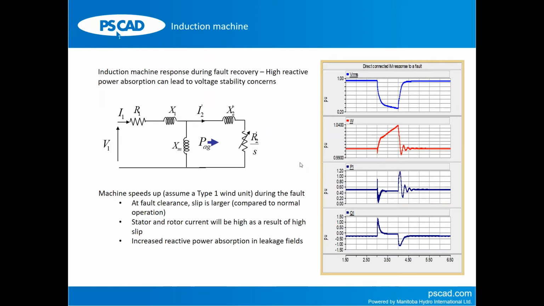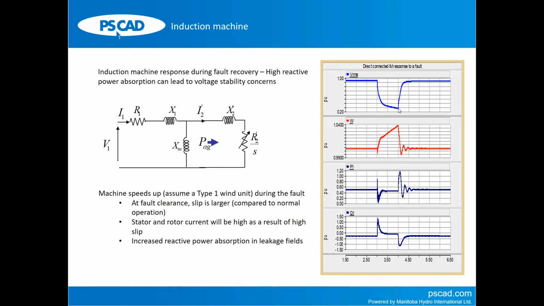Probably another important point to remember is, let us look at these waveforms. Let us just say that we have an induction machine connected to a wind turbine, operating as a generator, right? So let us see what happens here. At this point in time, there is a fault in the system. So the voltage drops. At this point, the fault is cleared.